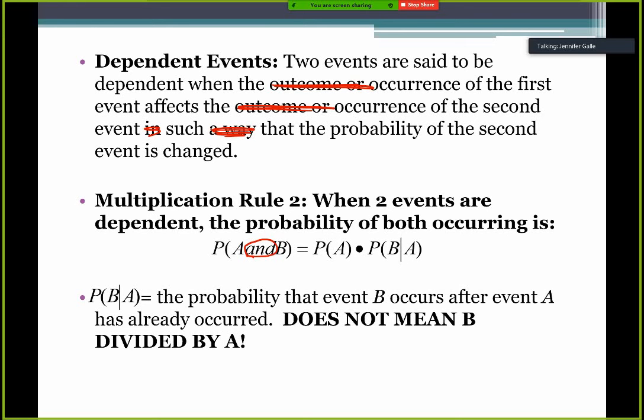It does not mean B divided by A. It means the probability that B happens after A already has. And we're going to see through our examples that notation is not a big deal to worry about. So let's try a few of these. Let's see what dependent events are all about.